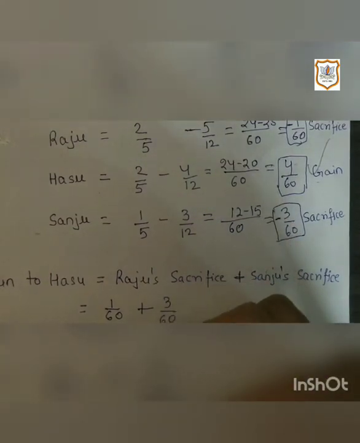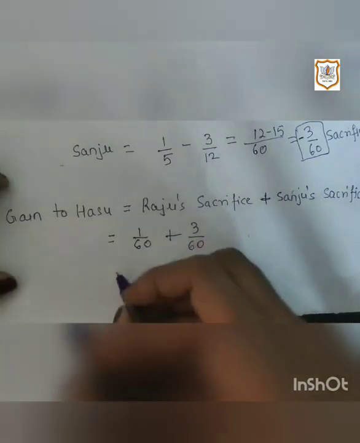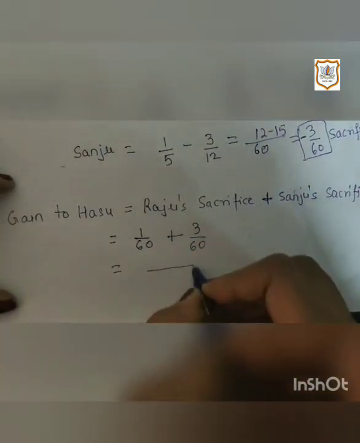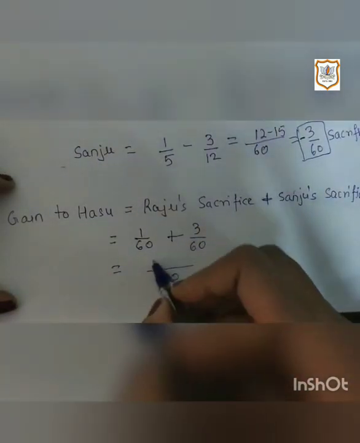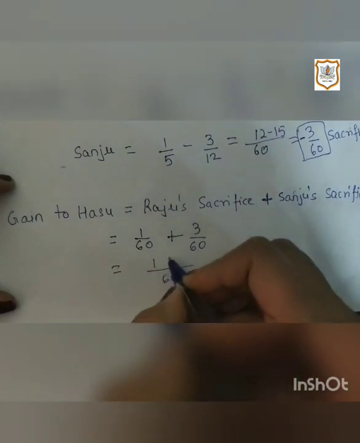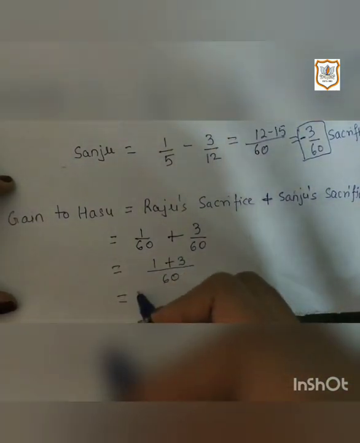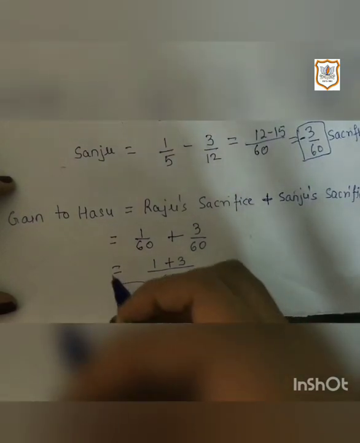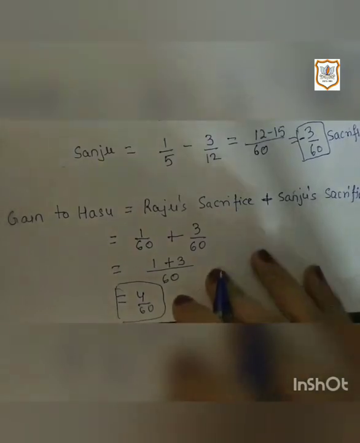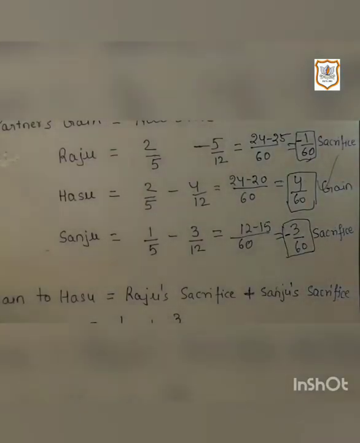If we solve it by taking LCM 60, we will get 1 plus 3 equals 4 by 60, which is Hasu's gain. Here you can compare the result. Raju's sacrifice plus Sanju's sacrifice is equal to Hasu's gain.